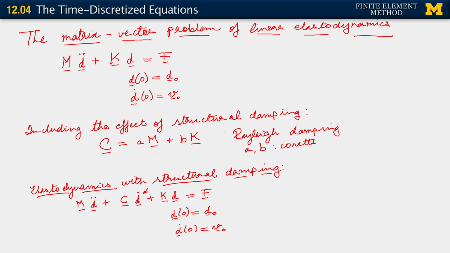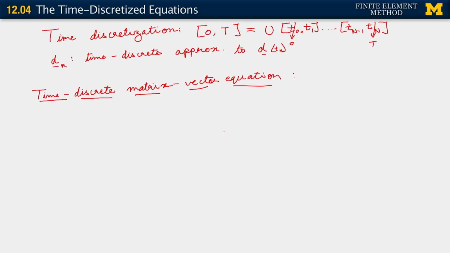displacement vector. With this in mind, the time discrete matrix vector equation is often written as M multiplying a n plus 1, where a n plus 1 now is the approximation to the acceleration at time t n plus 1, plus C v at n plus 1, v being the velocity, plus K d n plus 1 equals f at n plus 1.